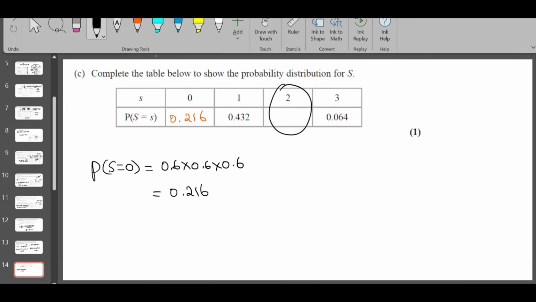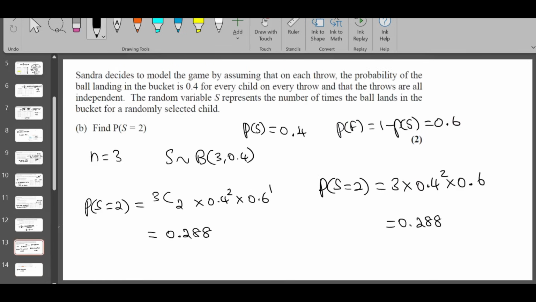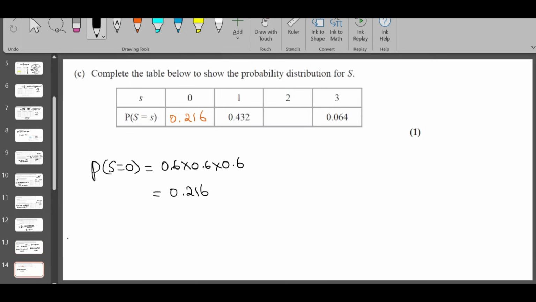How to find this? You don't have to calculate it. We know the sum of all the probabilities should be equal to 1. This one we calculated in the previous part already, 0.288. If it's not there in part A, you just sum up the rest of the probabilities and subtract from 1.